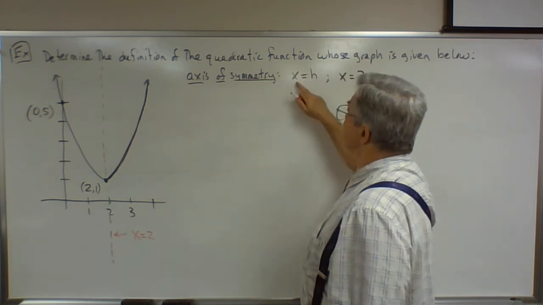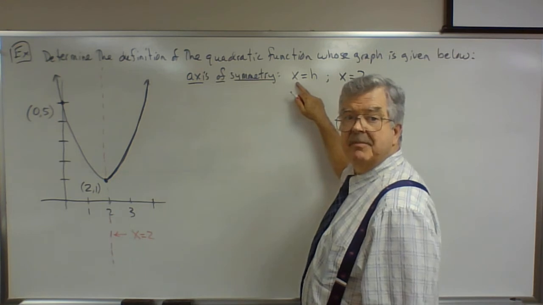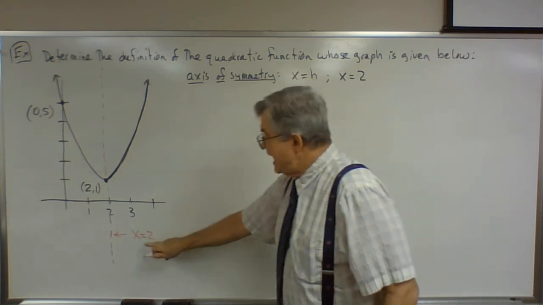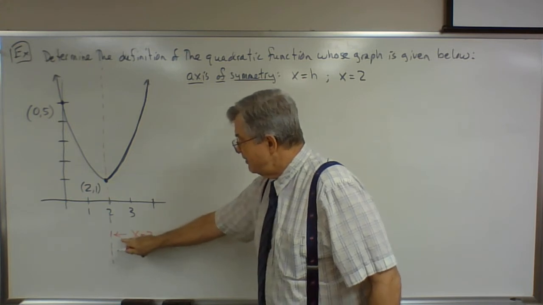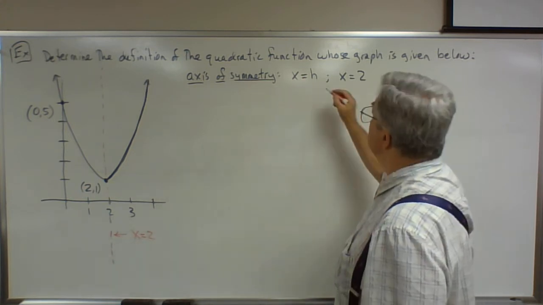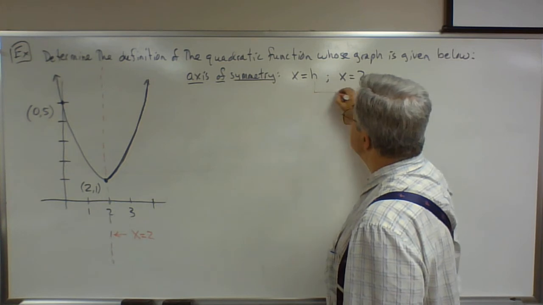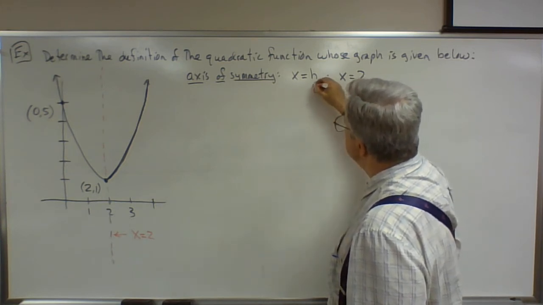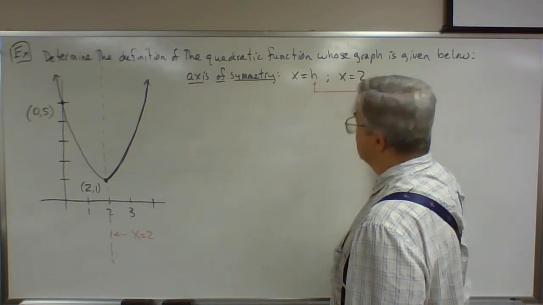In general, the equation of the axis of symmetry is x equals h. Here, the axis of symmetry is given by the equation x equals 2. So h and 2 have to be one and the same thing.